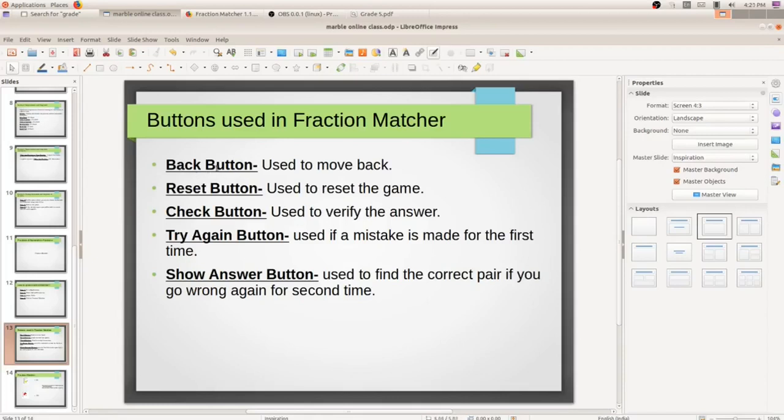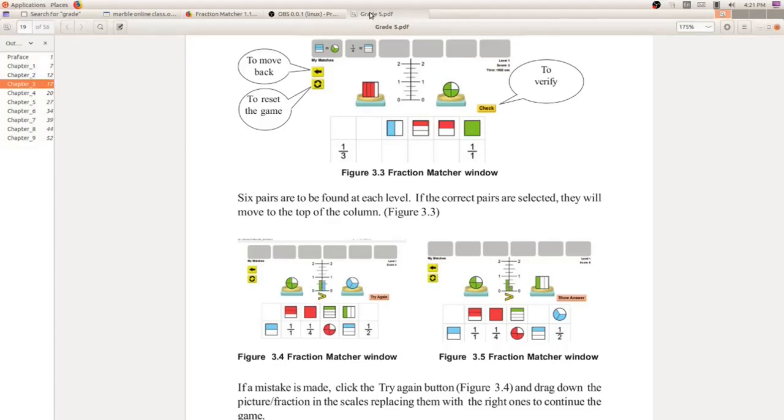Yes, the back button. What is its use? It is used to move back. In your textbook page number 19, you can see this button here.